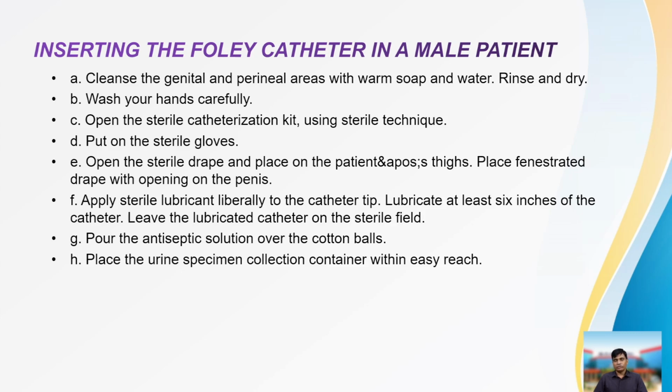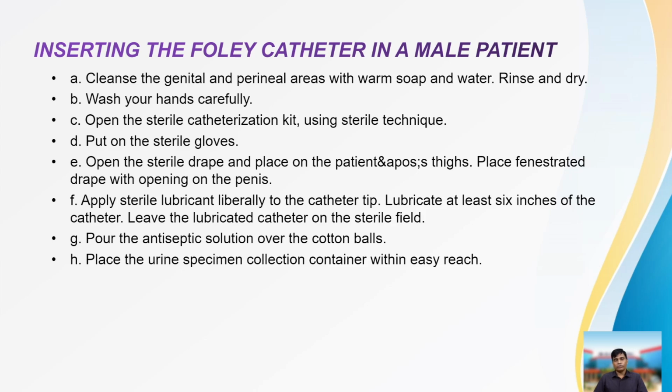Place the fenestrated drape with the opening on the penis. Next, apply sterile lubricant liberally to the catheter tip. Lubricate at least 6 inches of the catheter. Leave the lubricated catheter on the sterile field.